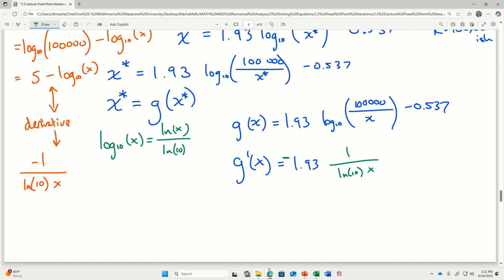And the question is, what happens if I plug in my fixed point, which is like 7.43? Is this derivative going to have an absolute value that's greater than 1 or less than 1?